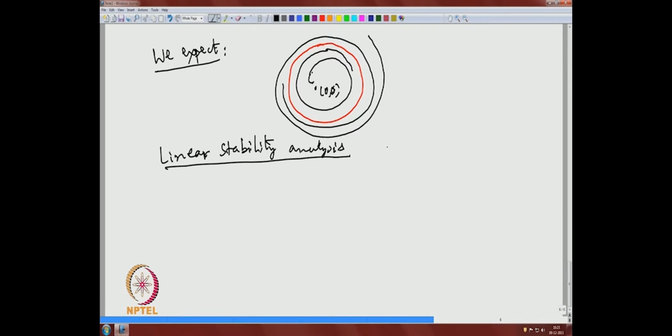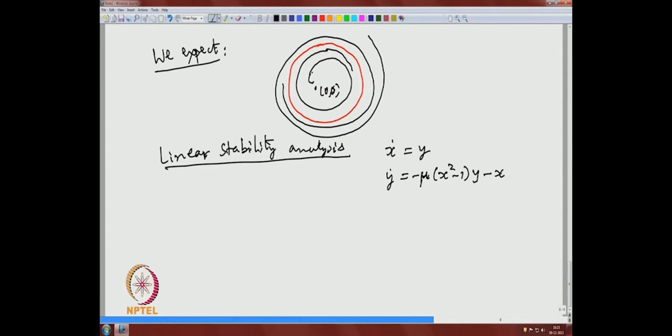So, again write as a system: x dot equal to y and y dot equal to minus mu (x square minus 1) y, because x dot is y, and I have minus x.